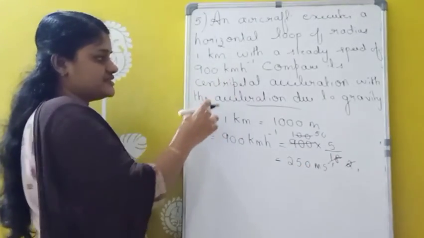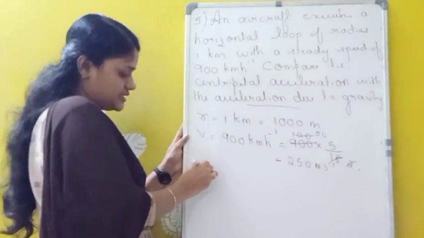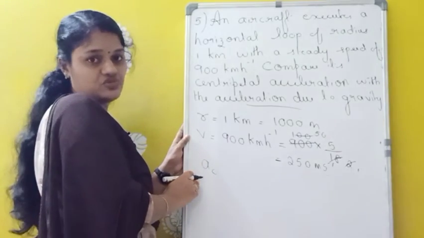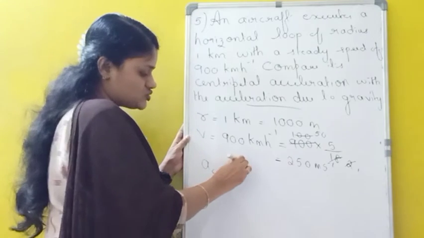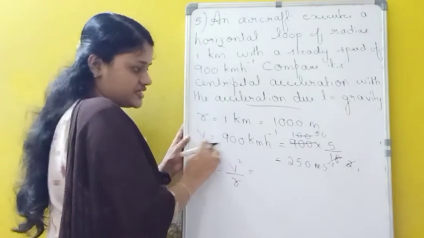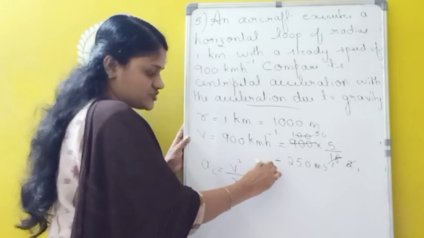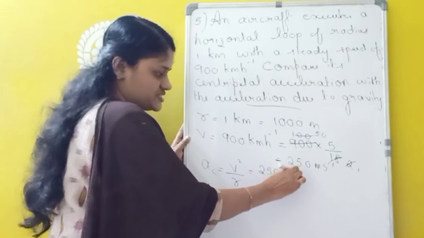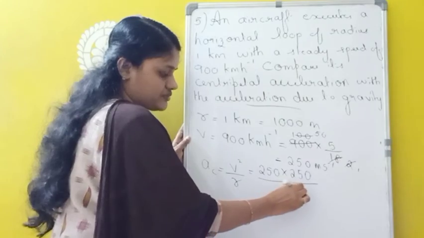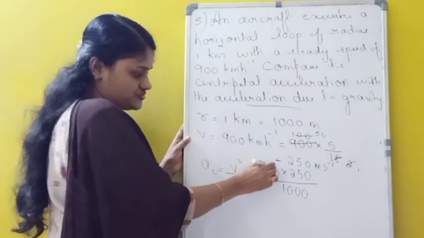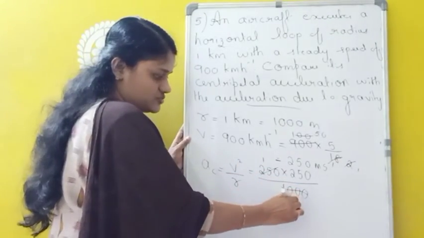Okay. Now we have to find the centripetal acceleration. Symbol is AC. What is another name for centripetal acceleration? Radial acceleration. So what is the formula? V square by R. So what is V here? 250. So V square means 250 into 250 divided by what is radius here? 1000. So we can cancel with the 250. So 1 time here it becomes 4 times.